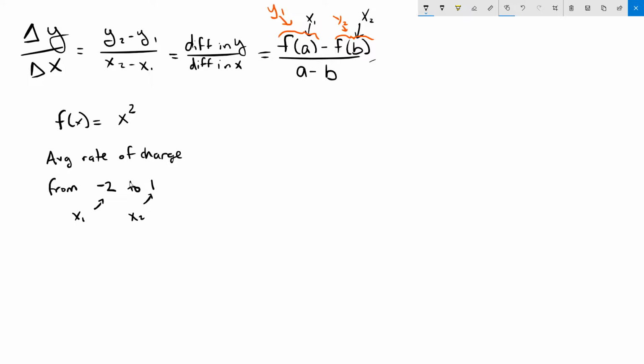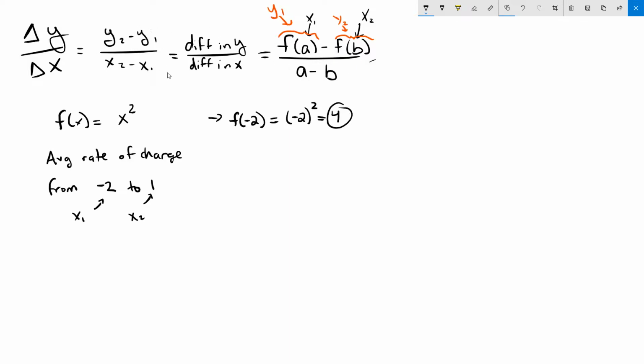So if we plug in f of -2 into our function, we end up getting -2 squared, which gives us +4.